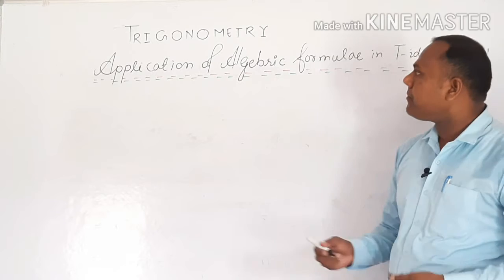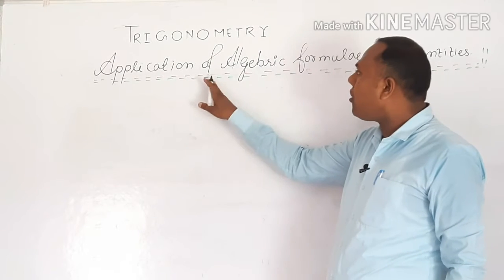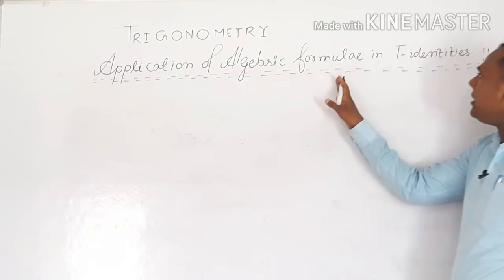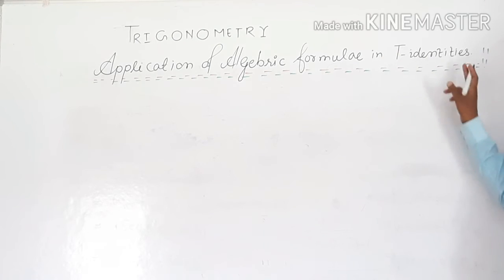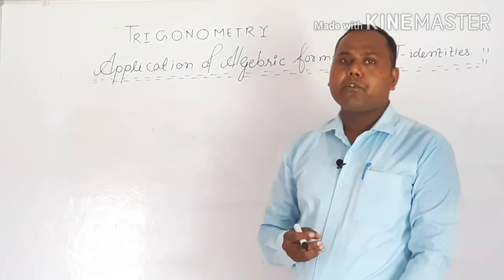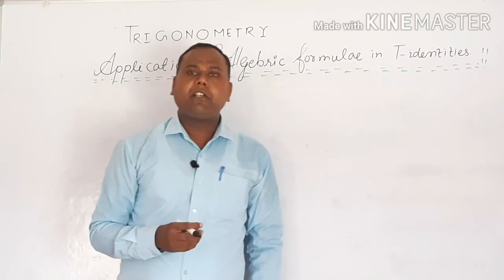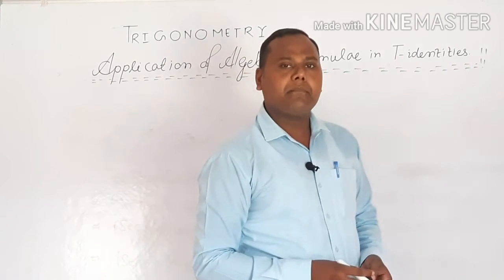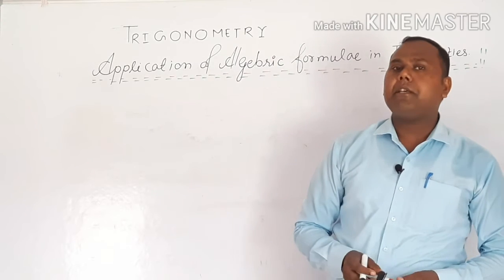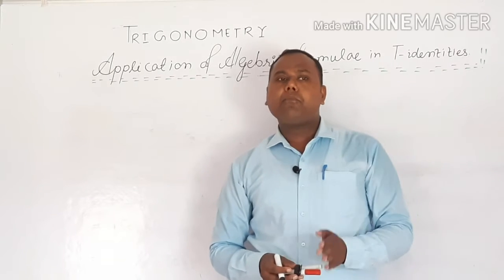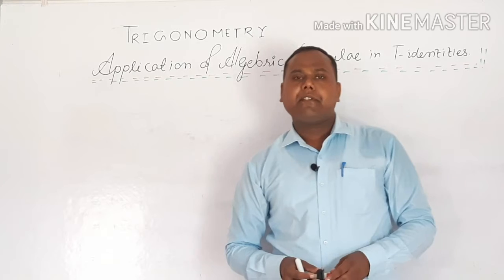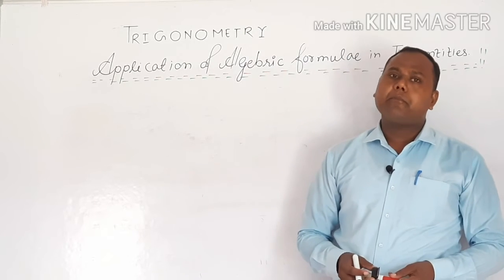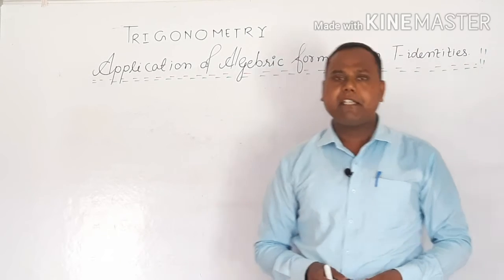Now let us discuss the application of algebraic formulae in trigonometrical identities. Sometimes we remember the formula a plus b the whole square will be equal to a square plus b square plus twice of ab. But this formula is utilized in various ways in various branches of mathematics.